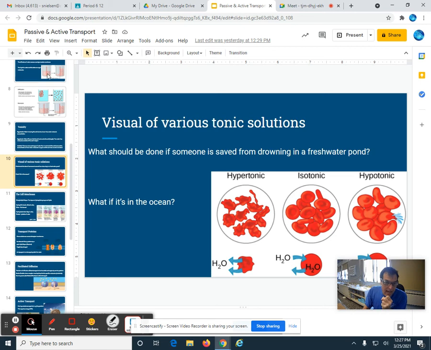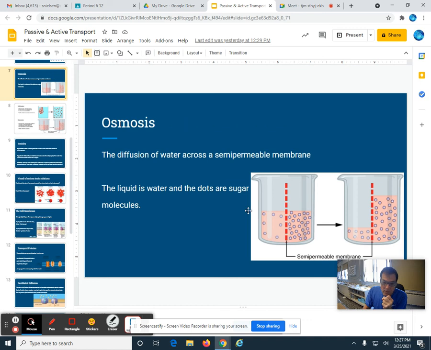So just like we had here in this example, you can imagine this side being the cell, and so the water will rush out to this side where you have that hypertonic solution.